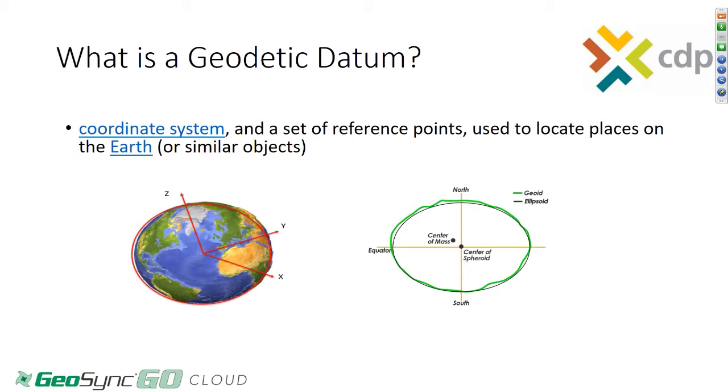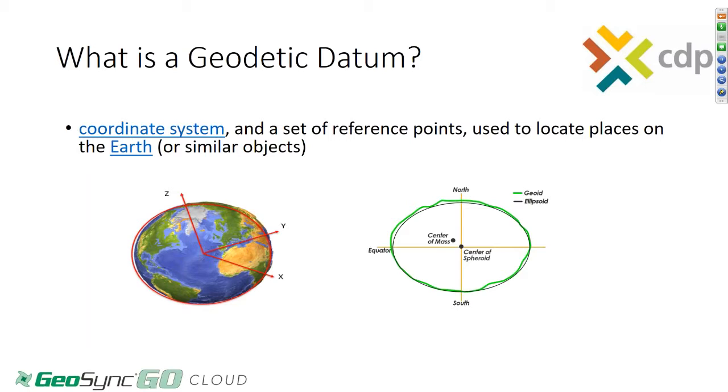Well, first, a geodetic datum. Both WGS84 and NAD83 are geodetic datums, which means that both of those are coordinate systems, which is a set of reference points that we use to locate places on the Earth. That's really important if we're using any kind of web map or GPS.